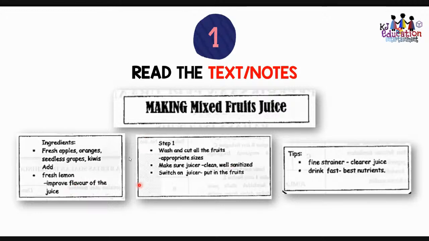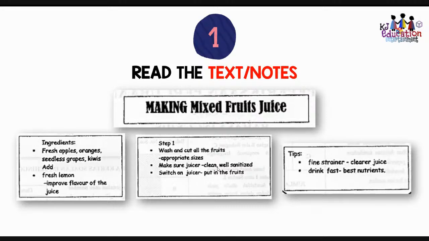And then you have the steps over here. Step one, wash and cut all the fruits, appropriate sizes. Make sure juicer clean, well sanitized. Switch on juicer, put in the fruits. So you have to actually read them one by one, so that you know what are the words given.